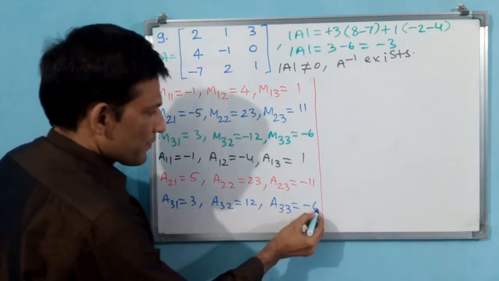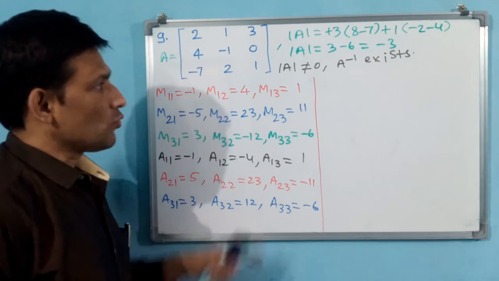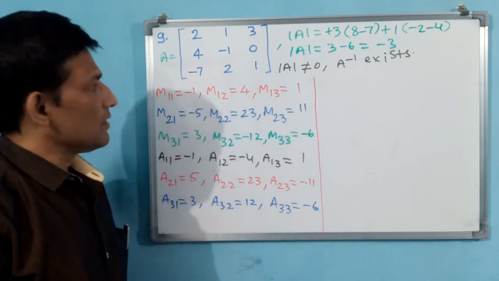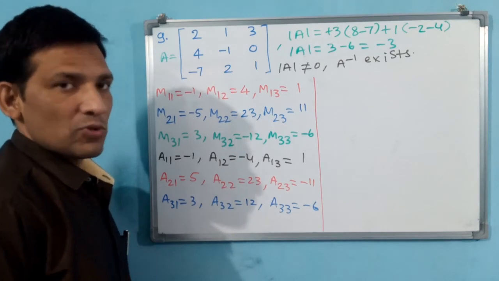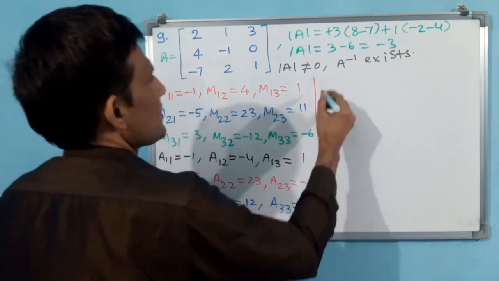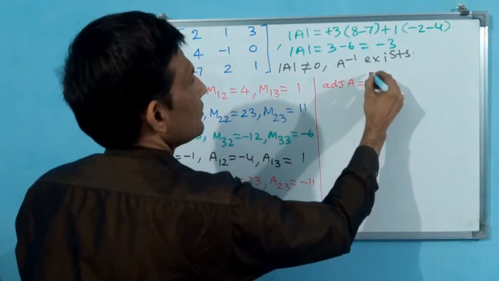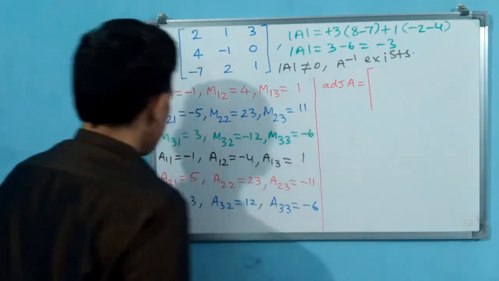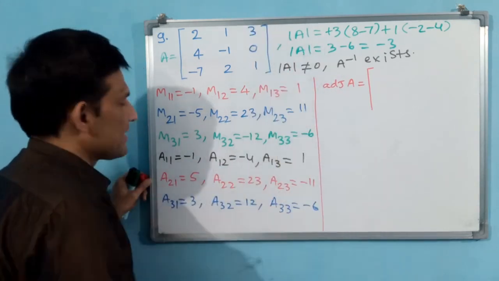Now you see, you have got all cofactors. These cofactors you have to write in matrix form. Transposed matrix form. Write down adjoint A. Adjoint A is equal to, see how I am writing. Minus 1, minus 4, 1. Rather than in row, I will write in column.